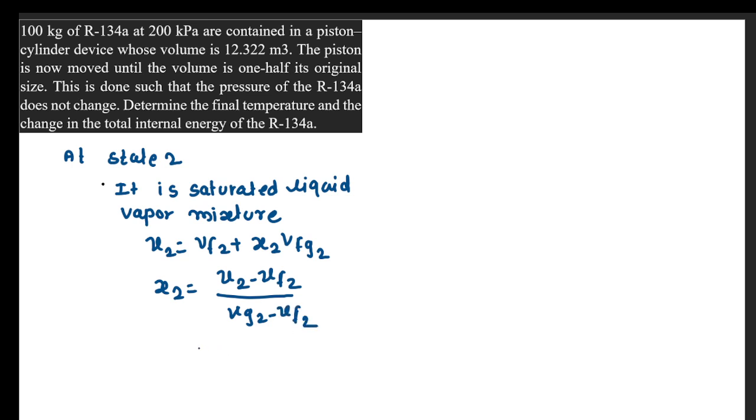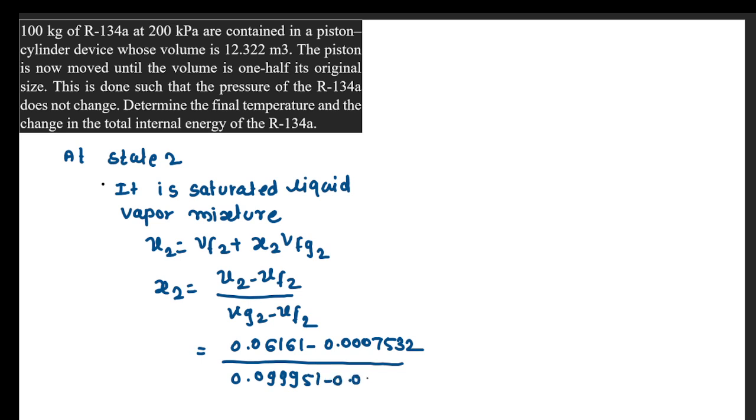We can put in the values. v2 is 0.06161 minus 0.0007532, divided by vg2, which we have as 0.09951, minus vf2, which we have as 0.0007532.